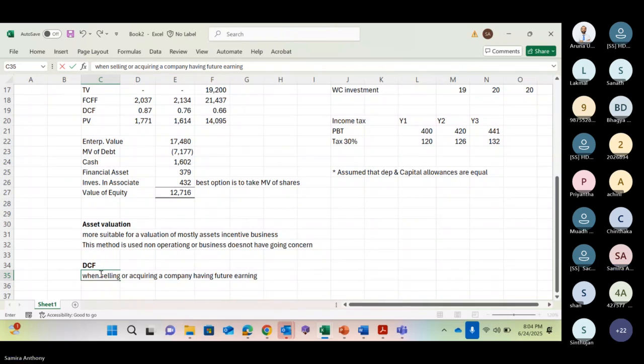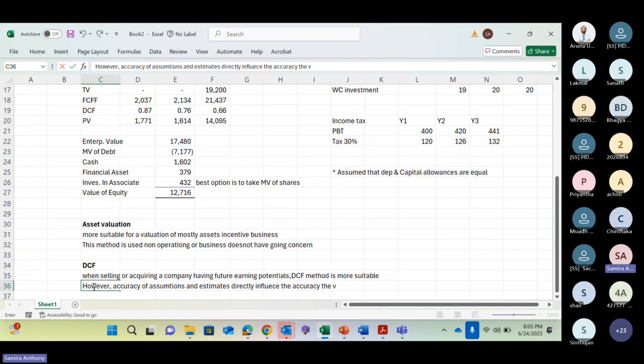DCF method is more suitable. However, the accuracy of assumptions and estimations directly influence the accuracy of the value.